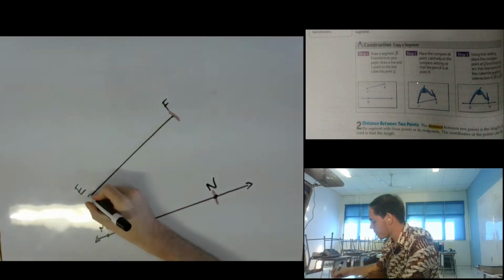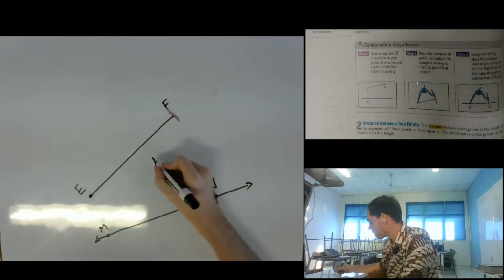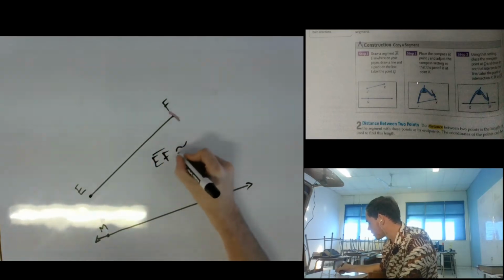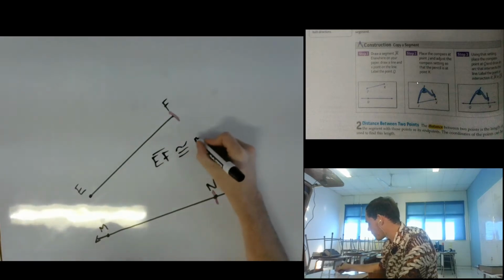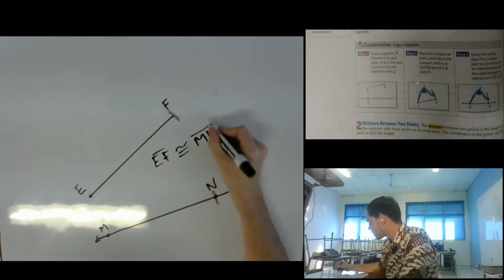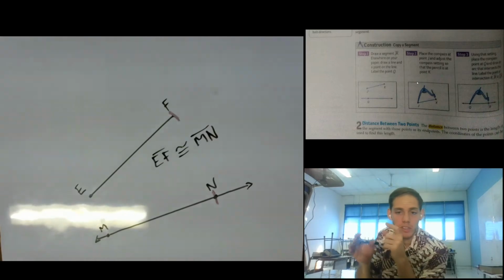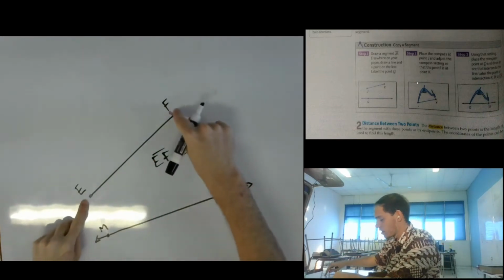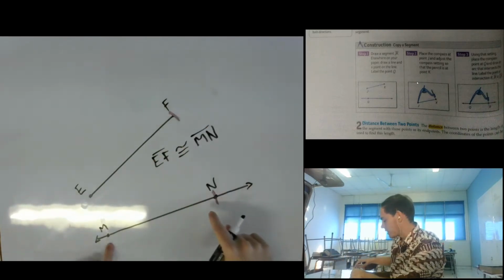So I made a construction: line segment EF is going to be congruent to line segment MN. So you want to make sure your compass measures the first line segment, and then the second line.